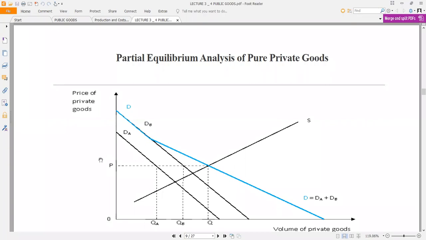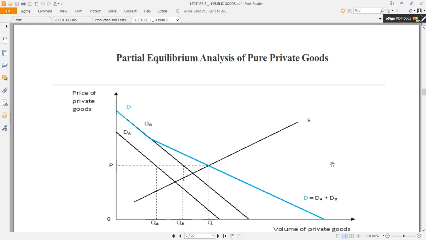So at the same price of P, individual A is buying QA, individual B is buying QB. So the market demand here is going to be Q, and that is going to be the sum of QA and QB. So at the price of P, the entire market is going to buy quantity Q, because that's the point where supply is exactly equal to what?